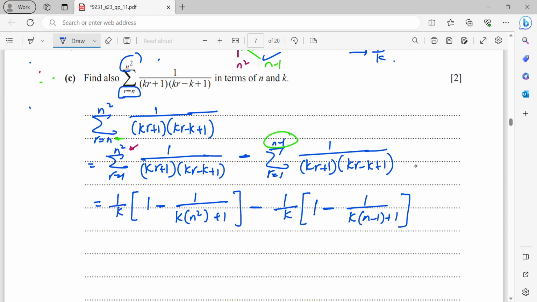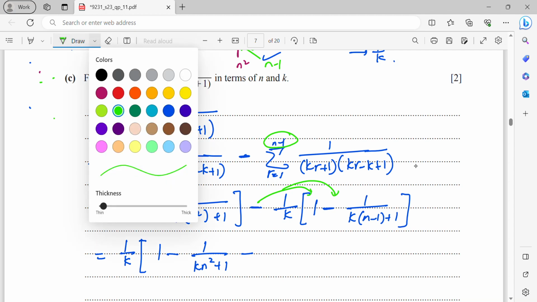Okay, now I can factorize the 1 over k and open the brackets. So it will be 1 minus 1 over kn squared plus 1, minus, so this minus will be brought into the bracket.